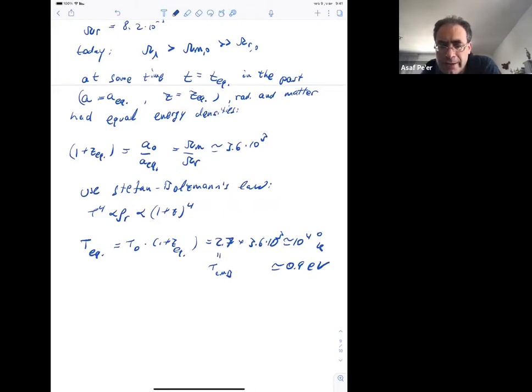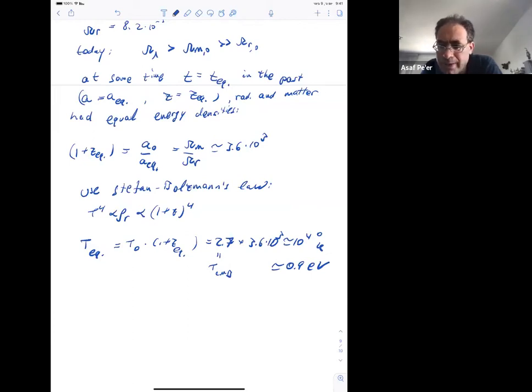So again, I hope you're seeing the picture. So I'm now talking about the history of the universe. And I'm saying that right now, the universe is cold, right? The energy density is mainly associated with matter. And the cosmic microwave background represents a small part of the energy density.